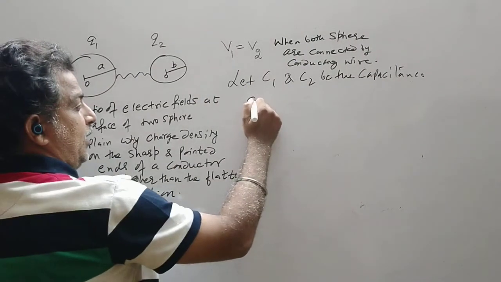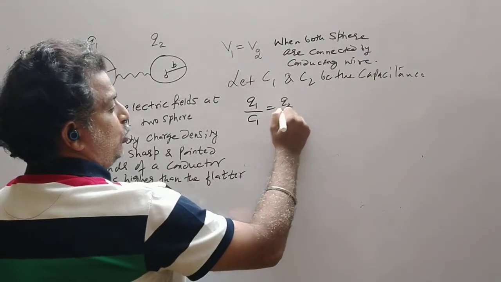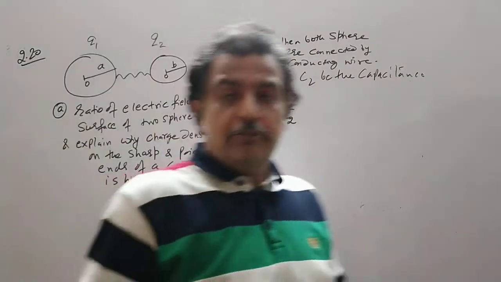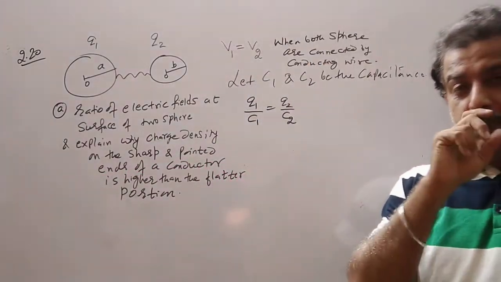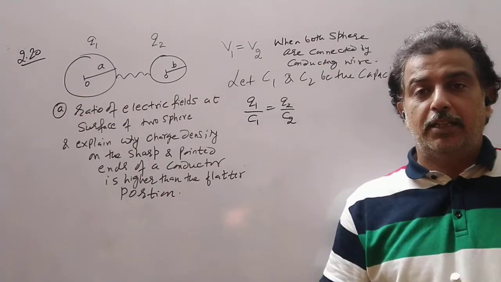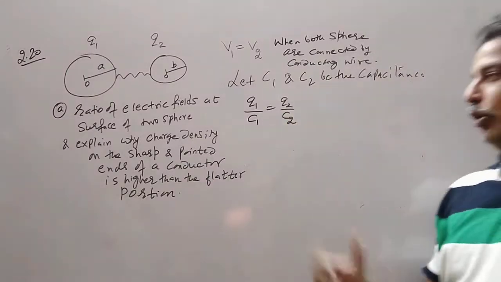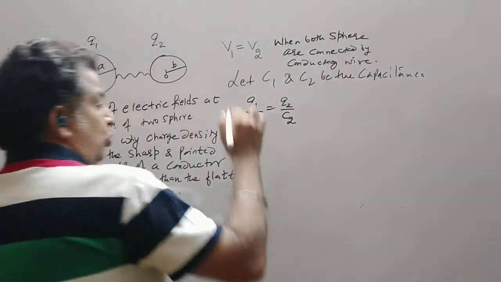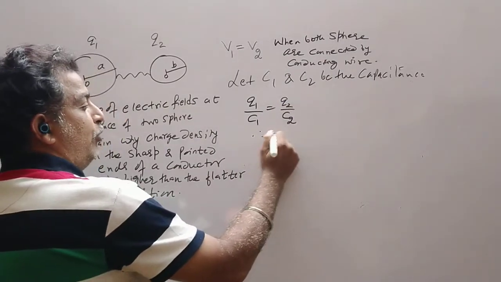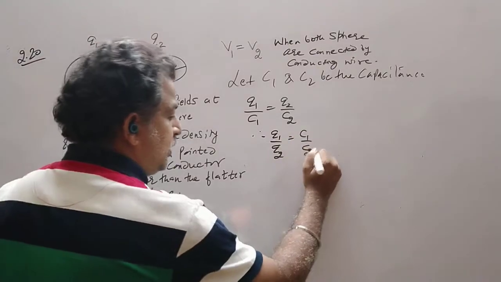So this can be written as Q1 upon C1 is equal to Q2 upon C2. We use this concept for finding out how charge is distributed when two capacitors are connected. Now Q1 upon C1 is equal to Q2 upon C2. Therefore, Q1 upon Q2 is equal to C1 upon C2.